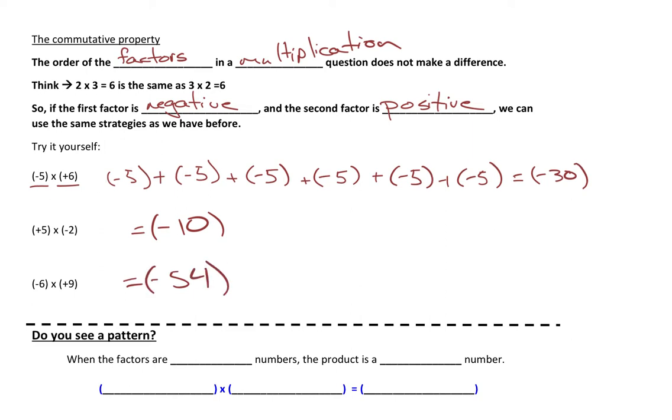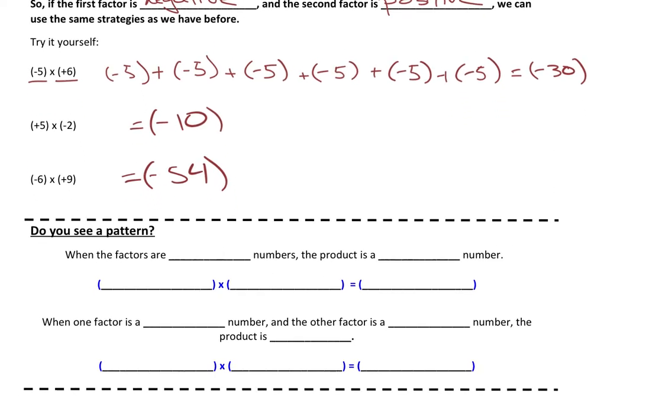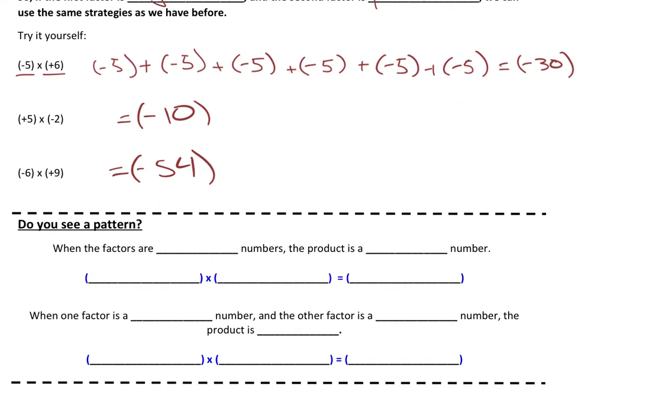So what's the pattern that we start seeing? Well, what we see is that if both numbers are positive, okay, when both factors are positive numbers, then the product is a positive number.